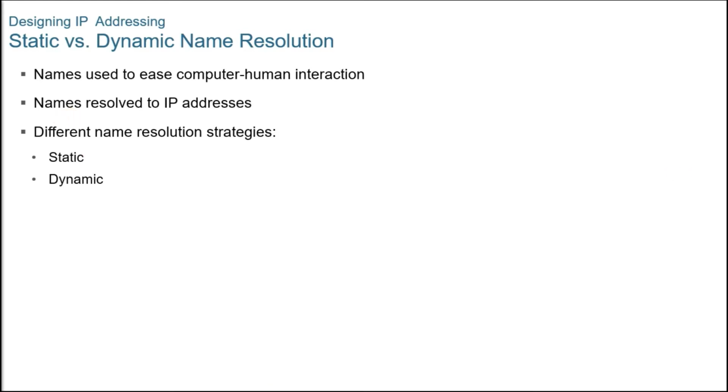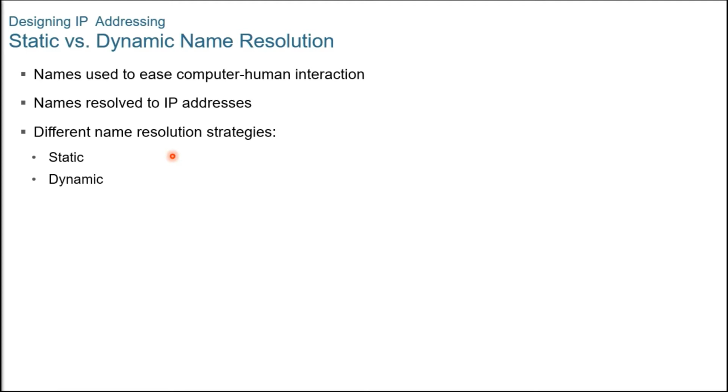Now, let's start with static. With static name to IP address resolution, both the administrative overhead and the configuration are very similar to those of the static address assignment strategy.